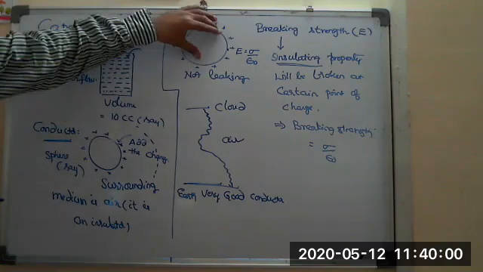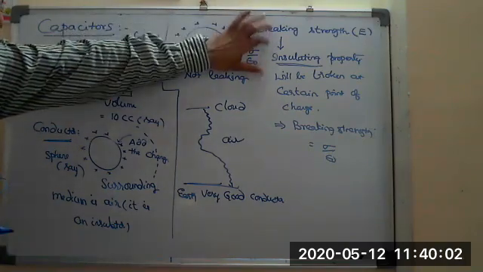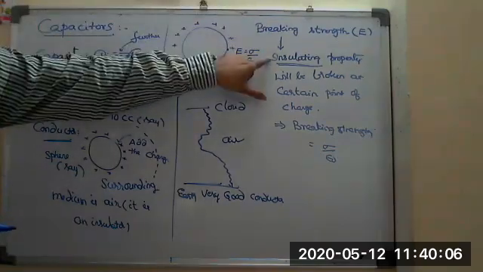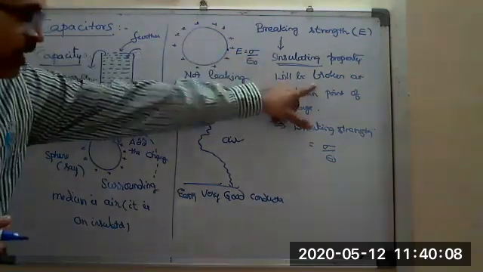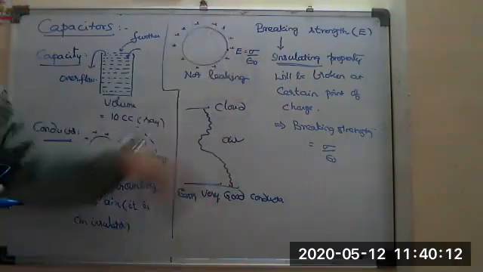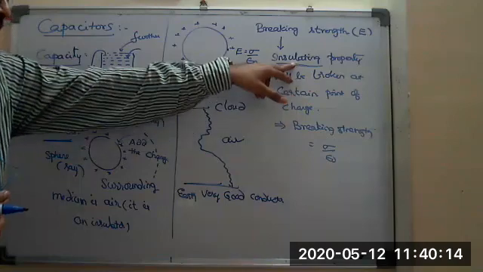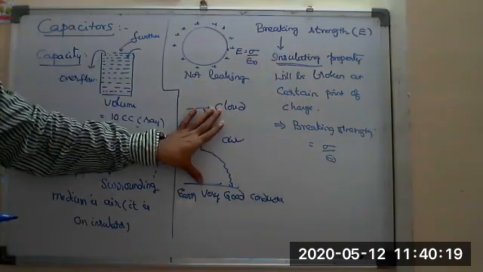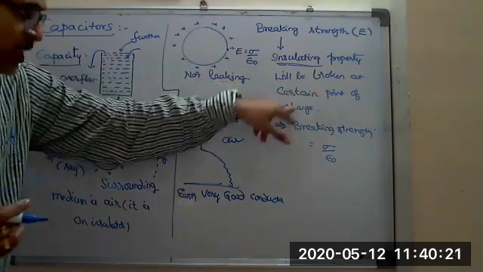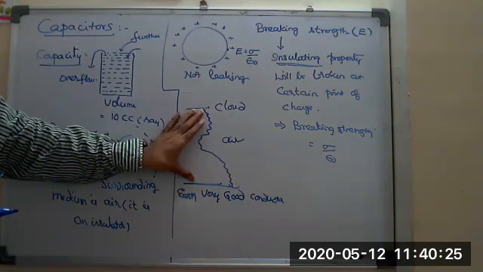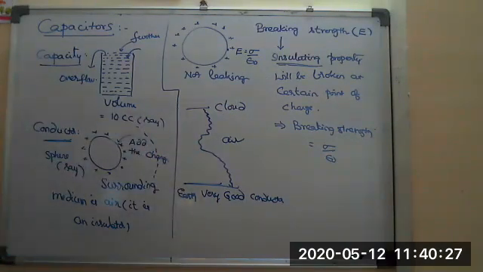Beyond a certain level, the insulating property, not taking the charge from the conductor, will be broken, and the medium, that is air, its insulation property is broken, means it behaves as a conductor. Beyond a certain level, it allows the flow of charge and behaves as a conductor.